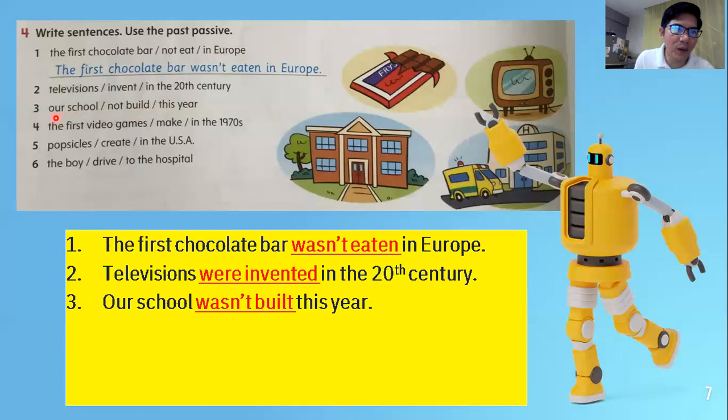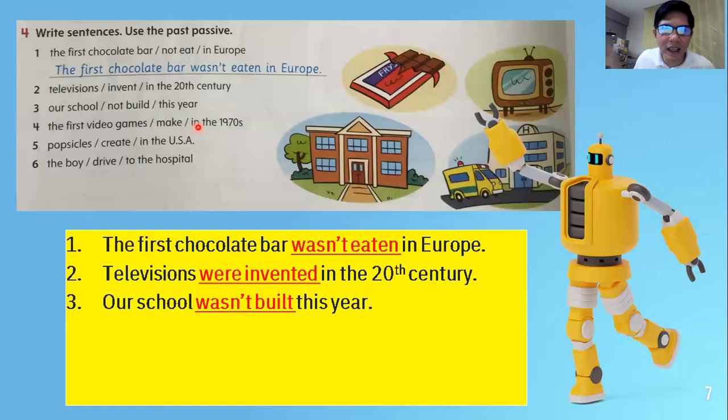Let's go to number four, the first video games. Plural. What will you use, were or weren't? Make. It's in affirmative. So therefore you use affirmative plus the past participle form of the verb make. We've answered already in our previous exercises. So it's made. So it's easy for you to answer now. And then an object, in the 1970s.